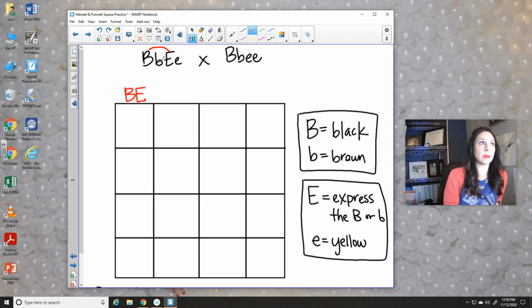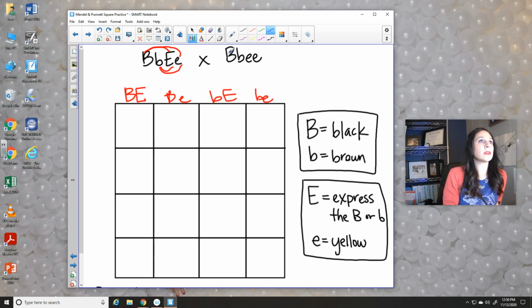So either this big B or this little b, along with either this big E or that little e. So that's just one combination. Another combination is the big B and the little e. This parent could pass on a little b with a big E, or pass on the little b with the little e.